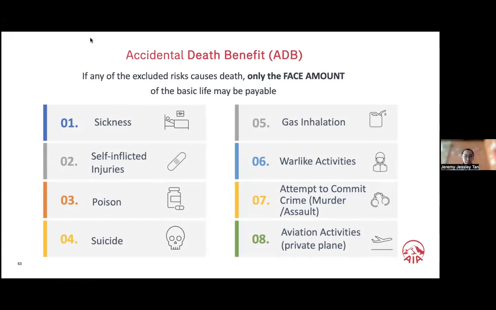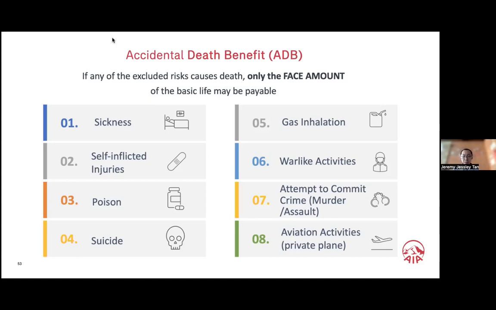Hindi yan considered accident. If na poison, na suicide, gas inhalation, war-like activities, attempt to commit crime. Okay, so let's say you attempted to commit crime, in the process habang tumatakbo ka, nadapa ka, namatay ka. Hindi yan counted. Okay.